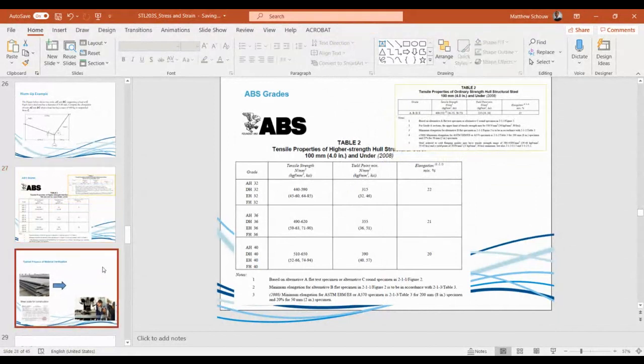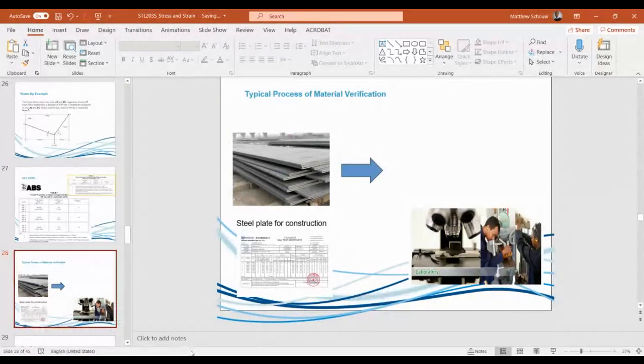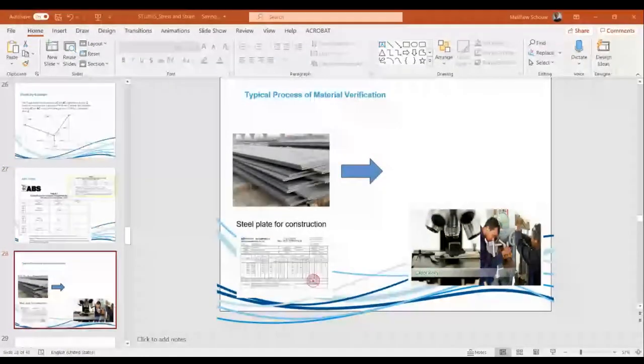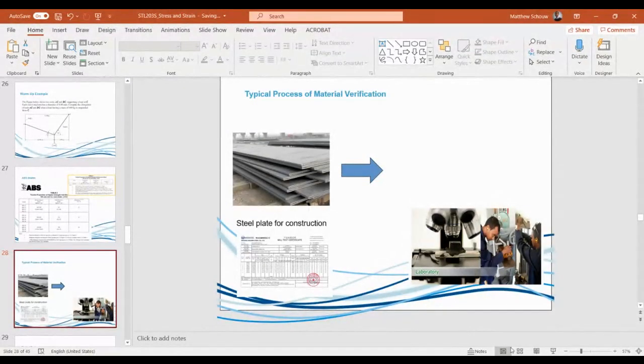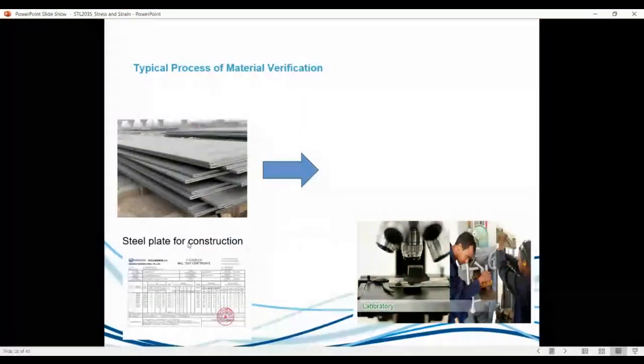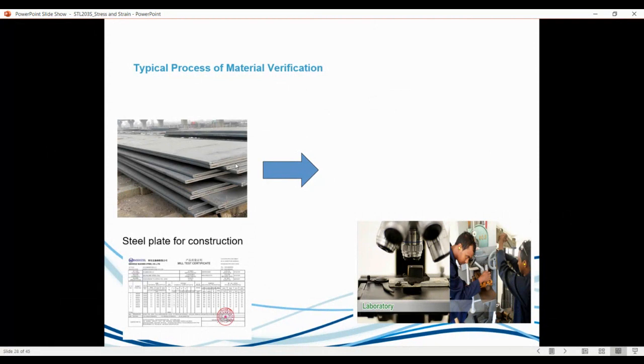And just to illustrate to you a practical process of what actually happens with this. How it normally works is the material comes from the mill, and once you get the material from the mill, it's manufactured in accordance to a specific standard.